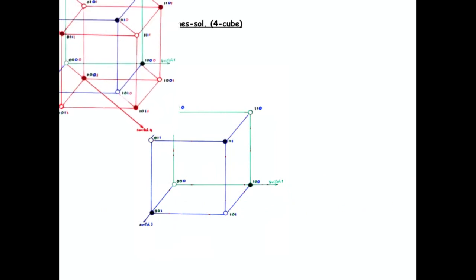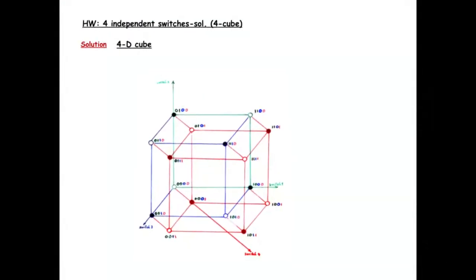To do a 4D cube, we will need to basically take the whole cube and project it into the 4th dimension. The first 3D cube is made up of blue and green lines here. When we project a second copy of it, it's in red.